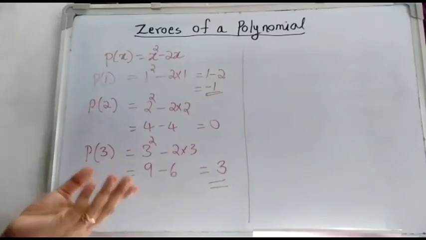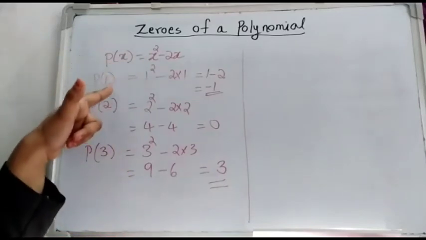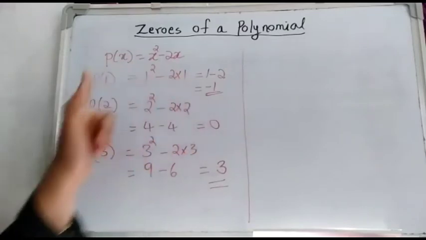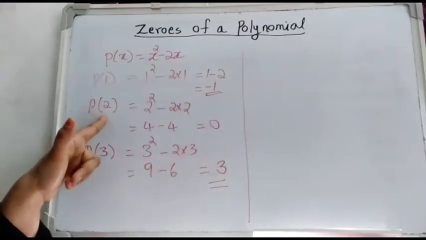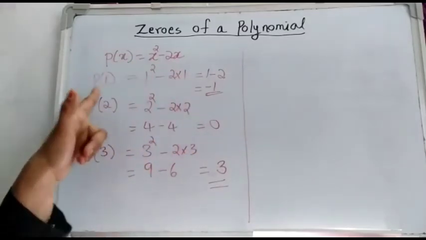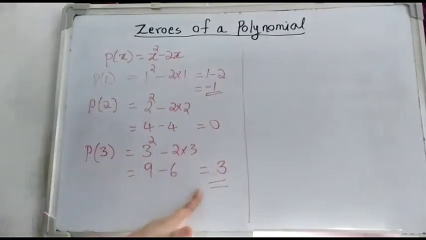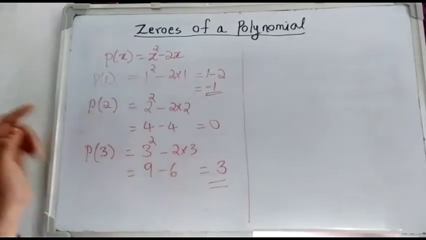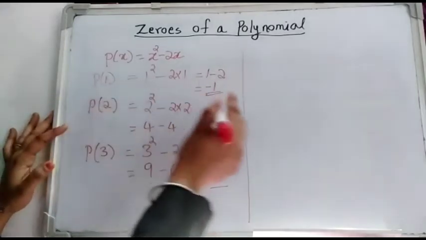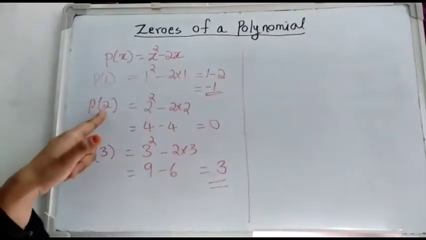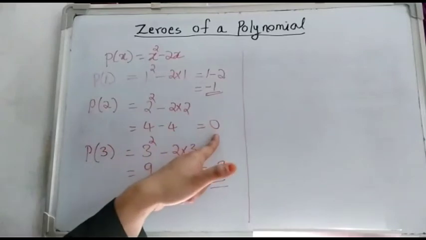When we replace x by 1, we got minus 1. When we replace x by 2, we got 0, and p of 3 is equal to 3.